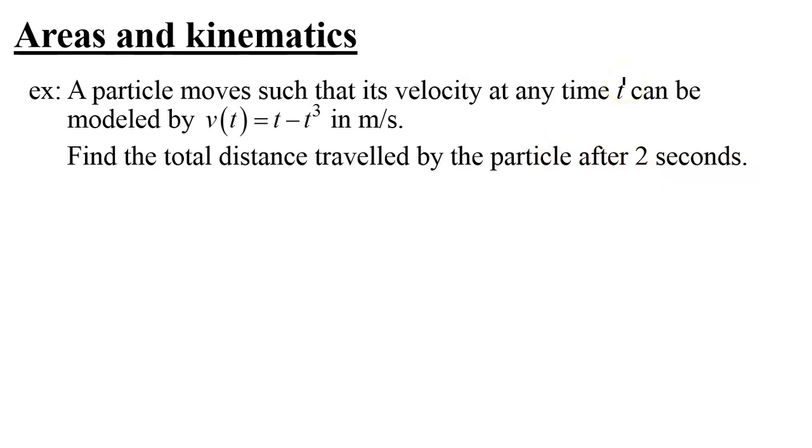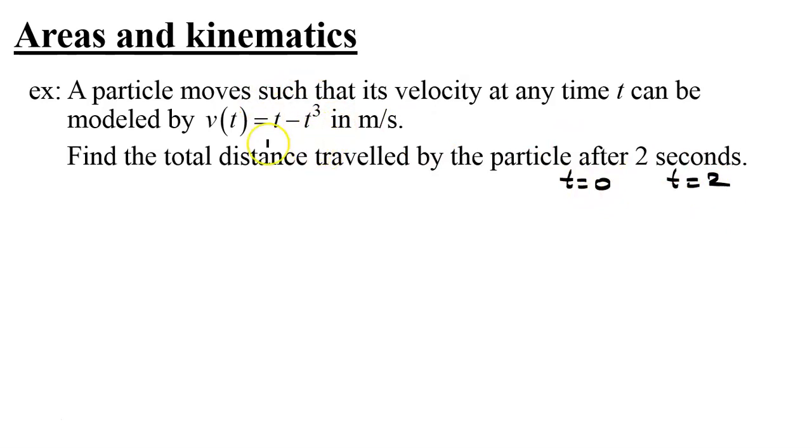Here, saying after 2 seconds means from the moment the particle started moving until 2 seconds later, so between t equals 0 and t equals 2. So I need to determine the sign of this function over the interval 0, 2.